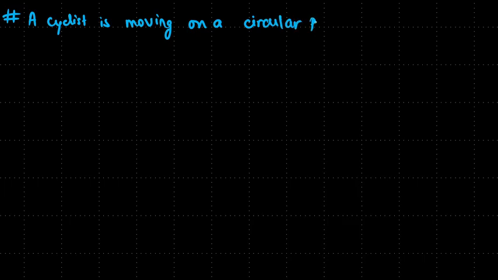We are going to talk about another question, which is a cyclist. A cyclist is moving on a circular path with constant speed v.